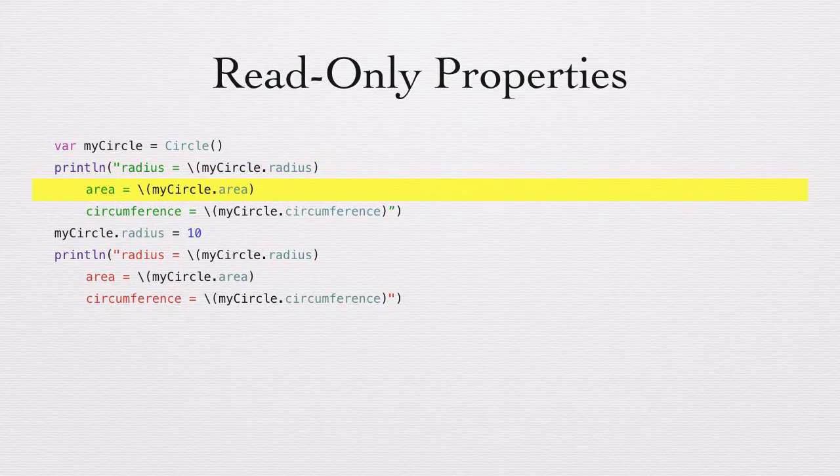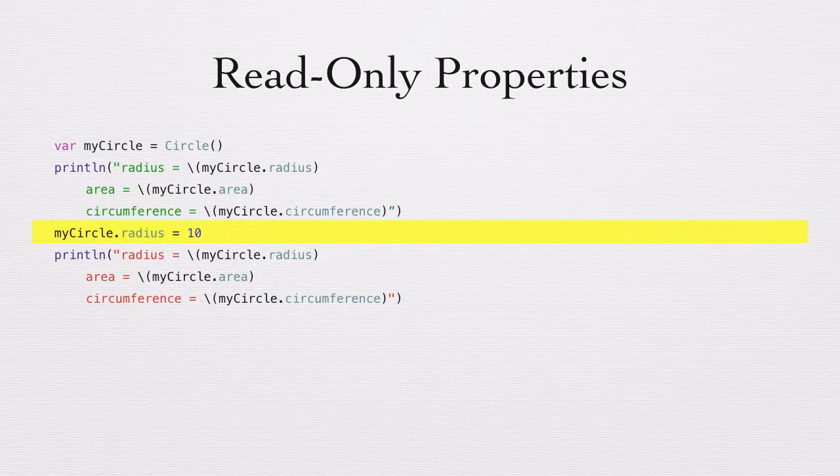We print the value of area property just the way we did it for radius. Whenever the program accesses a read-only property, it will compute its value by executing the code in its definition. Similarly, we call myCircle.circumference to get the value of circumference property and use it in the print line statement.